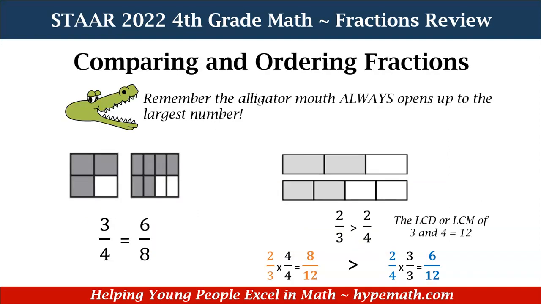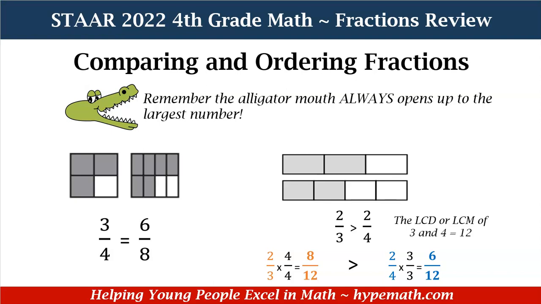Now let's talk about comparing and ordering fractions. One thing to remember, 4th graders, is that the alligator mouth, or the mouth of the inequality sign, always opens up to the largest number. So let's look at our example on the left-hand side. We have 2 squares.